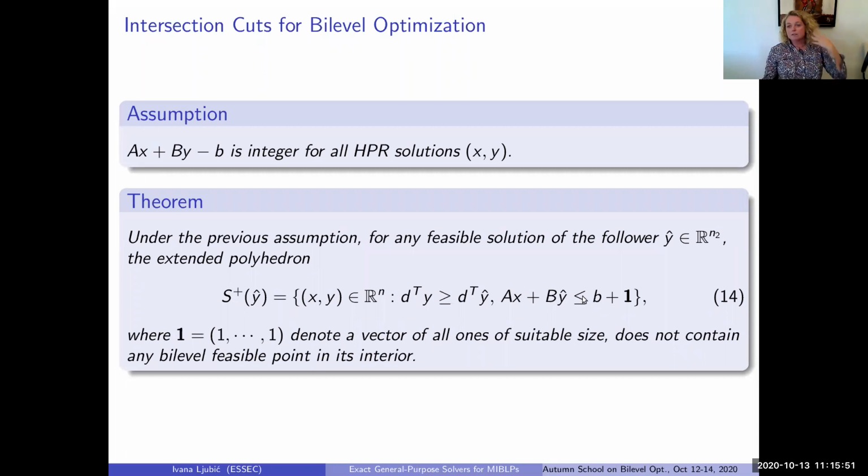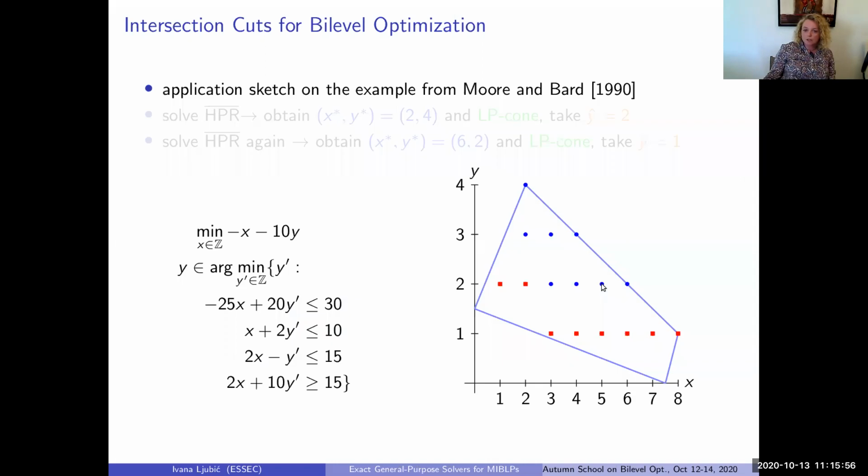Let's have a look at a graphical illustration to get a bit more intuition about what is going on here. So we go back to our example from the beginning. If we solve the problem as a high point relaxation, remember, the only bilevel feasible points are the red ones, and the feasible points of the HPR relaxation are the red plus blue.